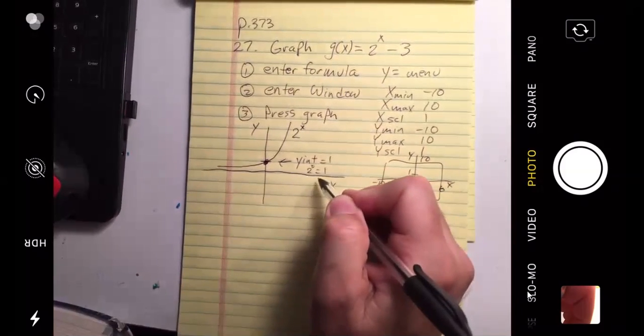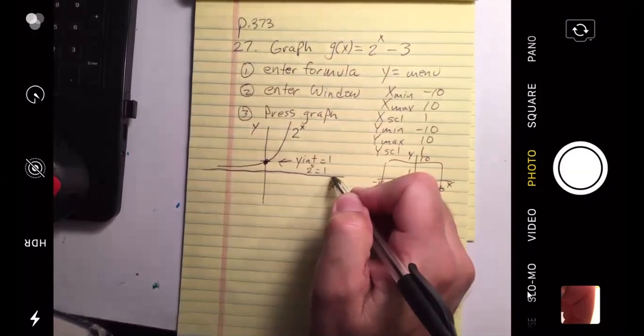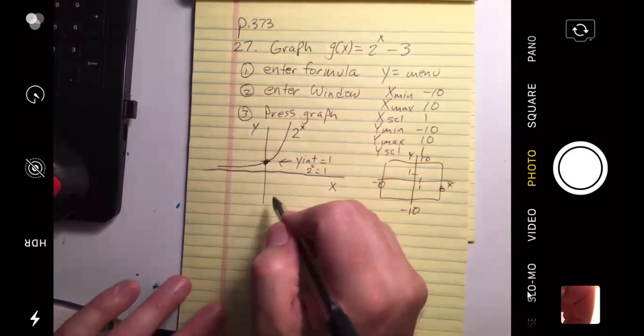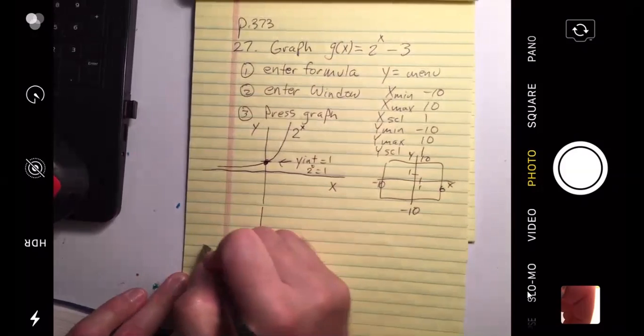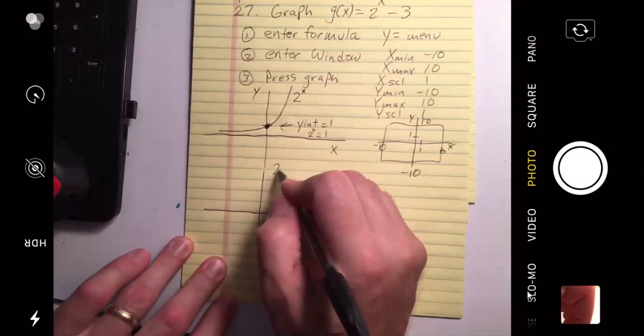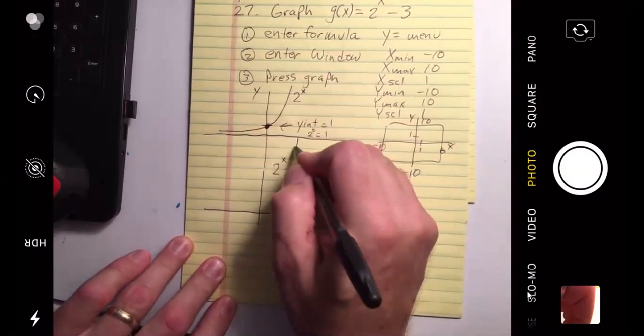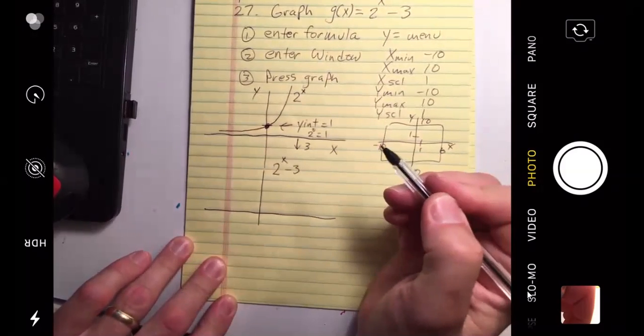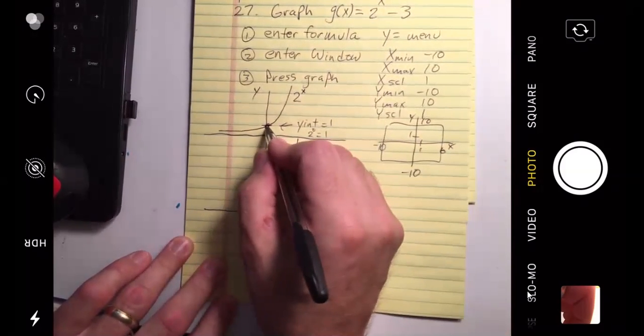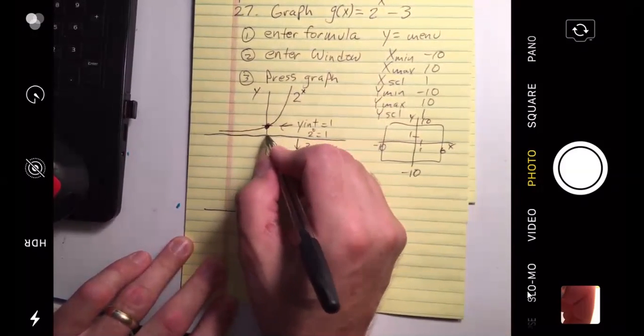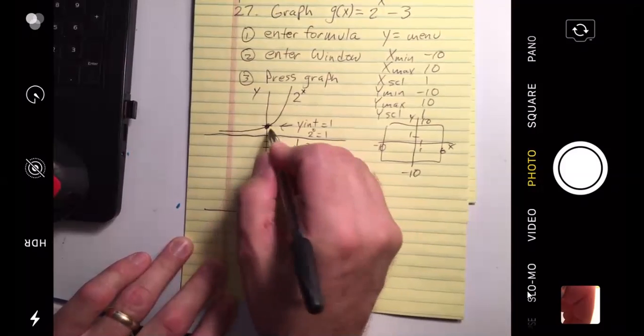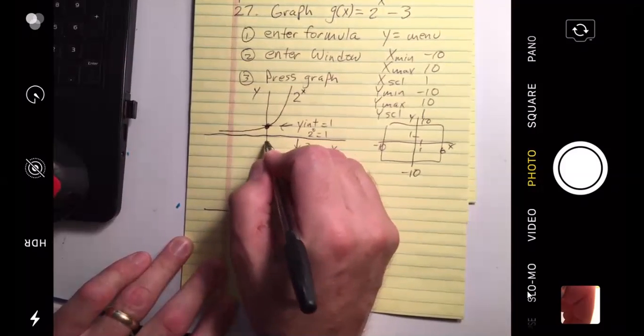Any number to the zero power is automatically 1. So when I go 2 to the x, subtract 3, I'm going down 3. That means this intercept shifts down 3, literally. 1, 2, 3.